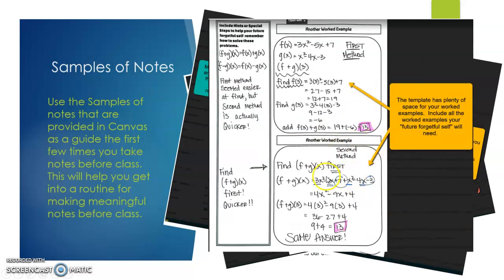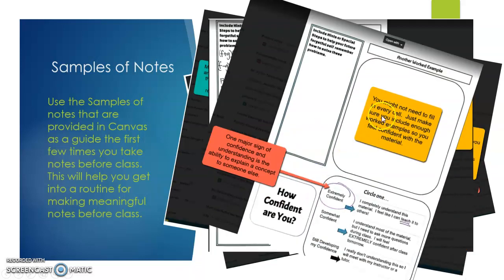Okay, there's plenty of space for you to add extra examples, as many as you need. Maybe you might not need every single cell because you filled in all the examples already. But then at the end, you definitely want to rate your confidence level, okay? Ideally, you want to eventually reach that level where you're extremely confident and you feel that you could explain it to somebody else.